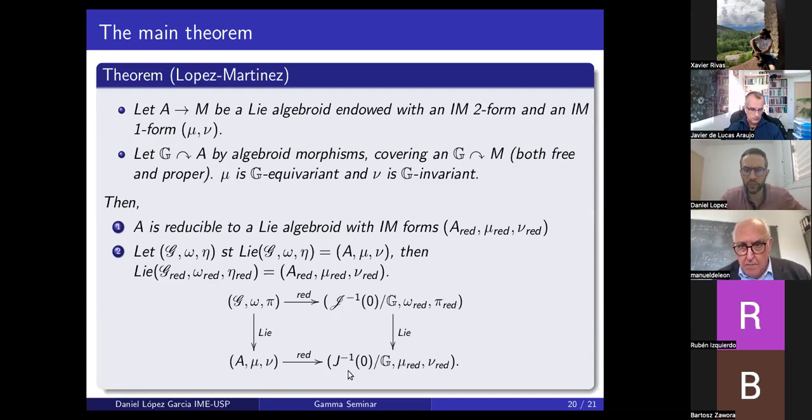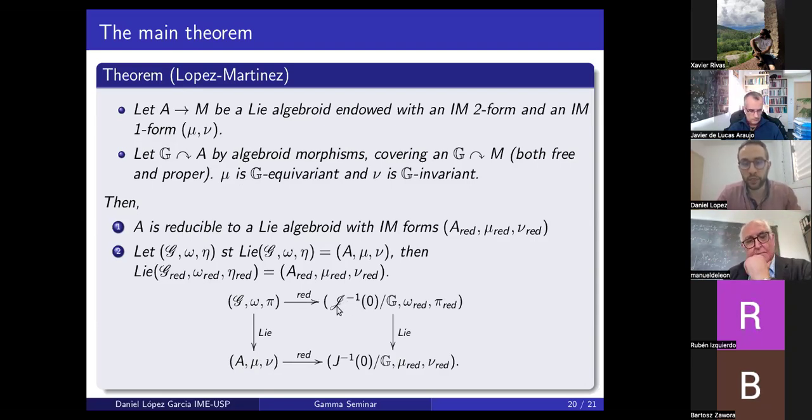Also you have to mention here that the preimage of this is a regular subbundle and so on. But the idea is that when you have this action, you can reduce it. But also, let me think now that you have an integration of this. I mean, you have a cosymplectic groupoid here such that the Lie functor is this one. And the action here works well.